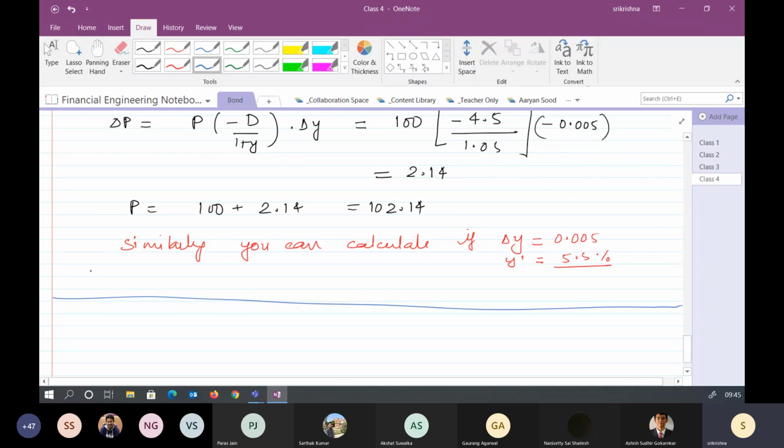First is that if delta y is large, first order approximation is not sufficient. That error would be very high. Then we have to go with the second order approximation, and that is called the convexity. I'll talk about convexity tomorrow, but we'll try to understand one thing.